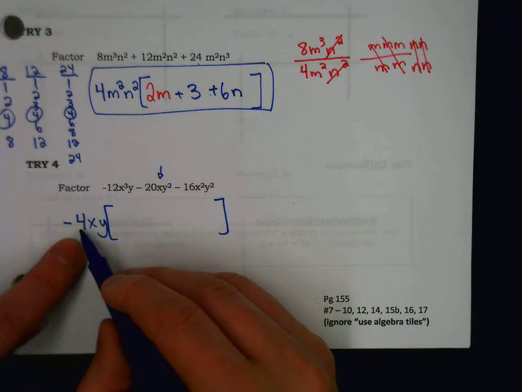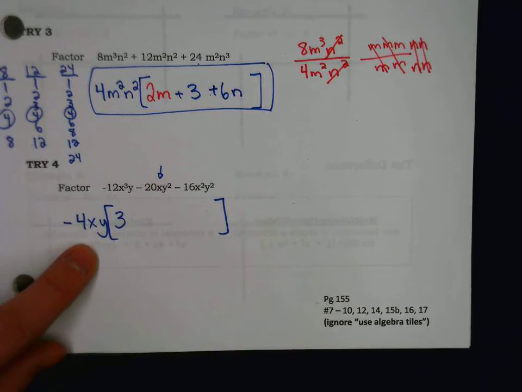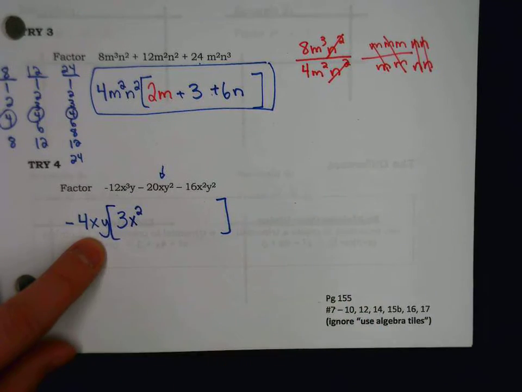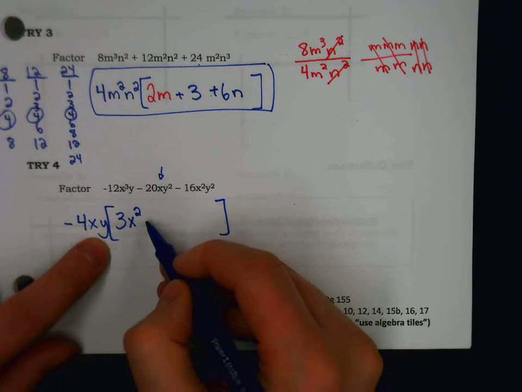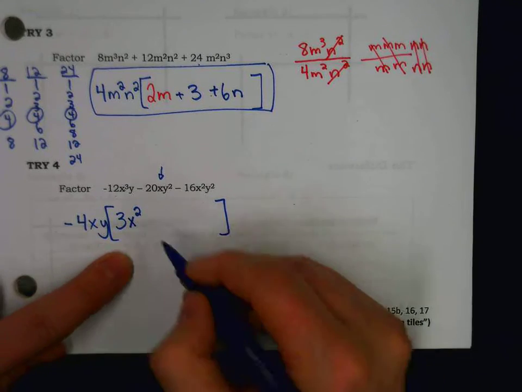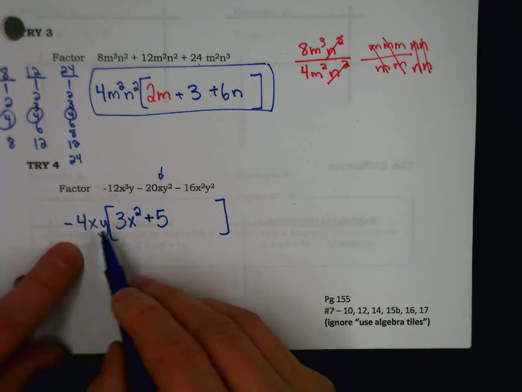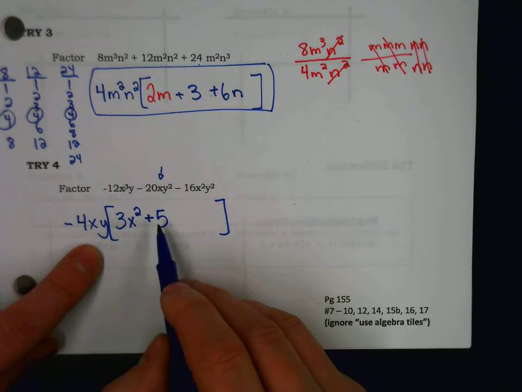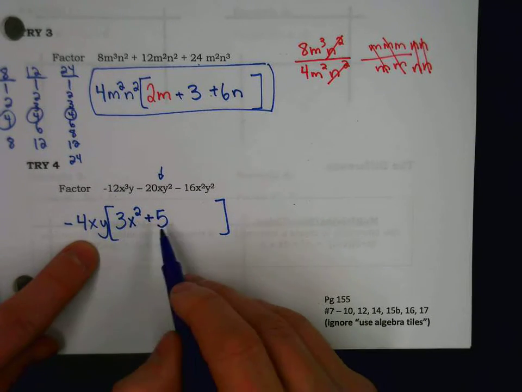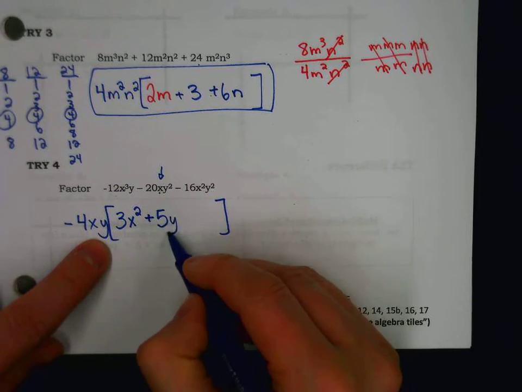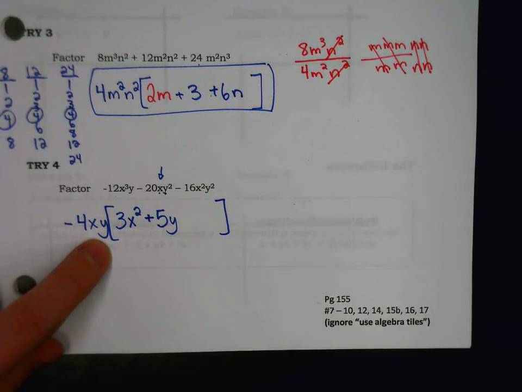Coefficient. -4 times 3 is -12. 1x and 2x's make 3x's. 1y and no y's make 1y. Adding a 5, -4 times 5 makes -20. 1x, no x's, 1x, 1y, 1y, 2y's.